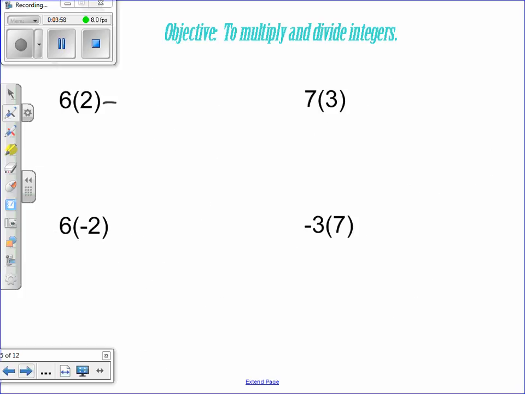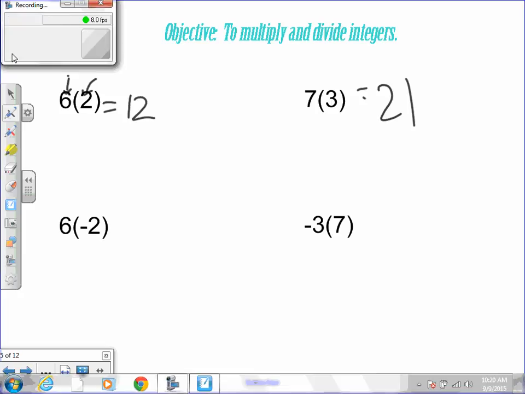Okay, so then I just start remembering my rules here. I have $6, and I need to double it, or I need to give $6 to 2 people. I need positive 6 2 times, so I have 12 positives. Over here, I have 7 positives 3 times. If I look at this example down here, 6 positives negative 2 times, that doesn't make a lot of sense, so I'm going to have my numbers commute, using the commutative property.